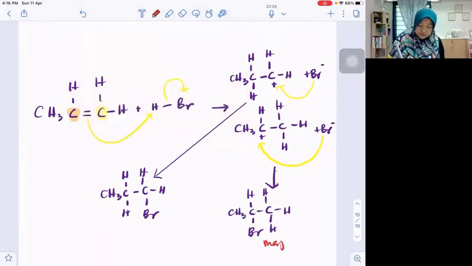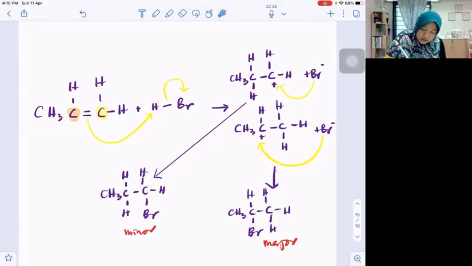Major, minor. But the actual reason that makes this one the major product is the stability of the carbocation produced in the first step.